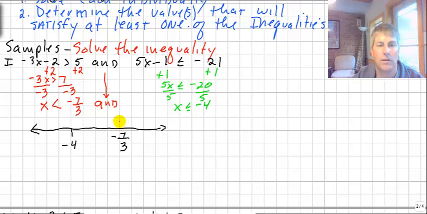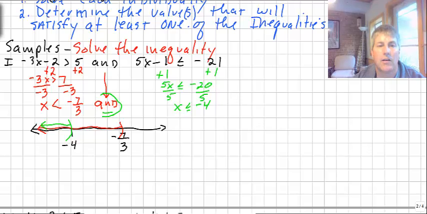I'm not going to include negative 7/3, so I'm going to do the parentheses, and we'll graph that in red, and those are all the x's that are less than negative 7/3. Now let's graph all the x's that are less than or equal to negative 4. Again, do my brackets, and it's everything to the left of negative 4.